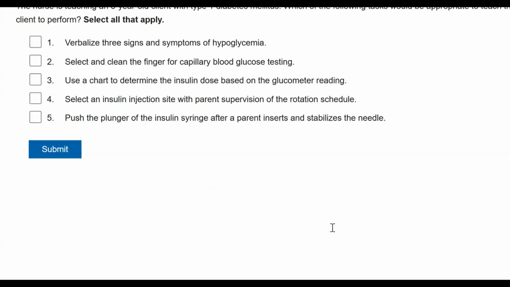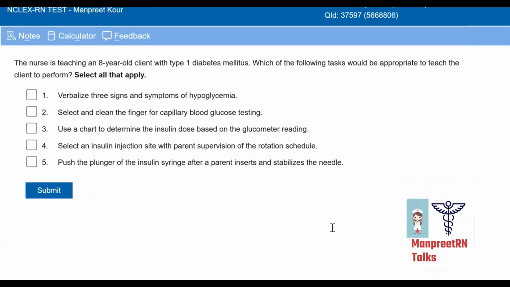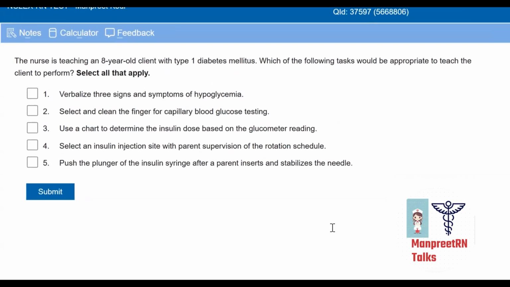Now the next question. The nurse is teaching an 8-year-old client with type 1 diabetes mellitus. Which of the following tasks would be appropriate to teach the client to perform?